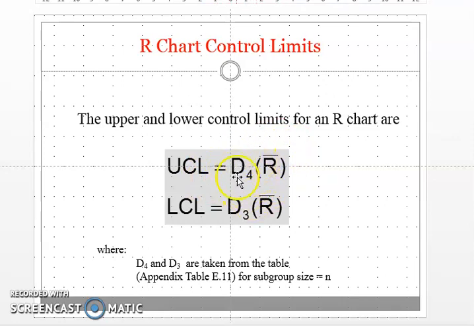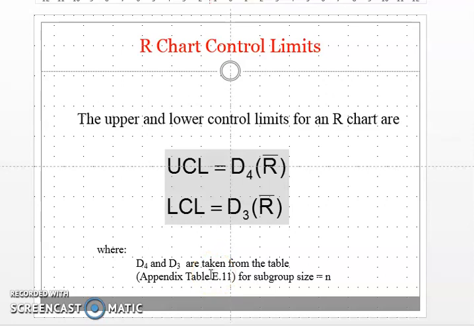Here this D4 is a constant which is taken from the appendix available for our syllabus. There is a book, Statistical Quality Control, by M.K. Mahajan.